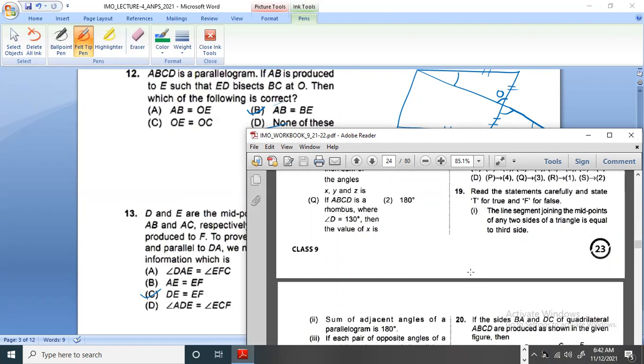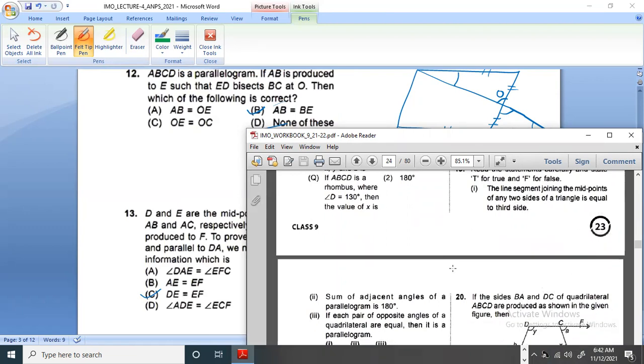So 1. Line segment joining the midpoints of any two sides of a triangle is equal to the third side. Is it true? No. Parallel to the third side and equal to half of it. So this is false. So question number 1 is false.